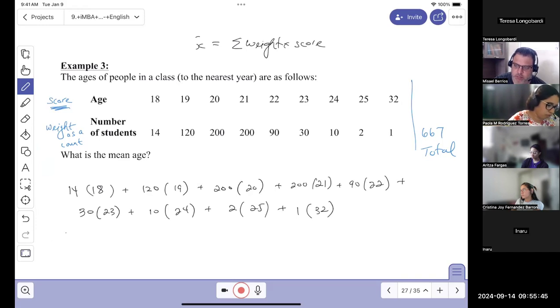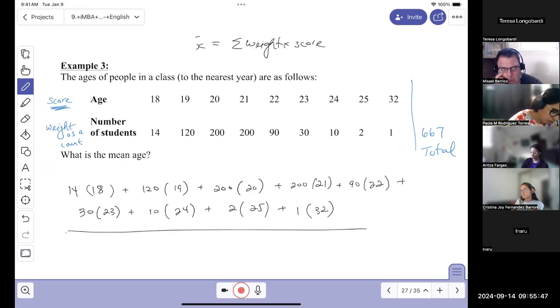You're going to add all those up. It doesn't look great the way I've done it. And then divide by 667. Let's see if I have them all. 1, 2, 3, 4, 5, 6, 7, 8, 9. Okay.